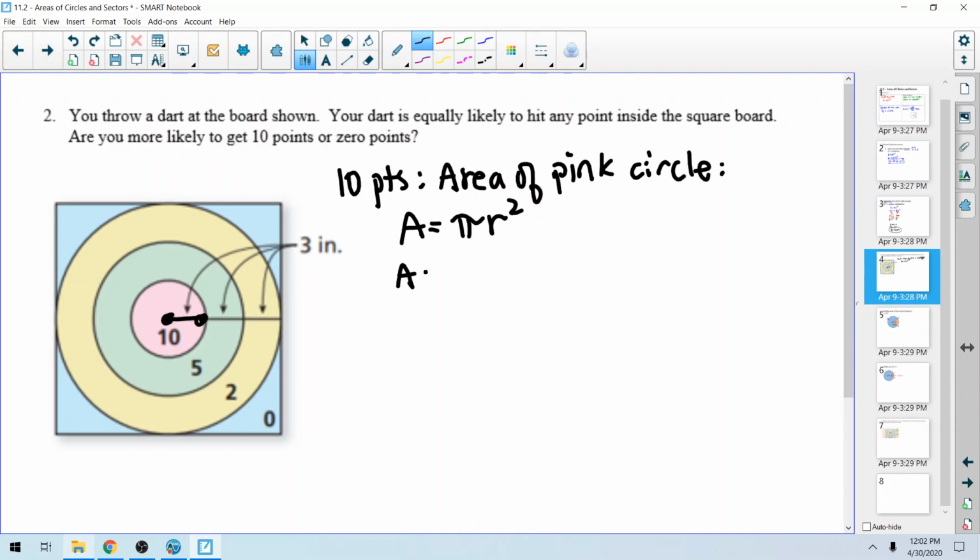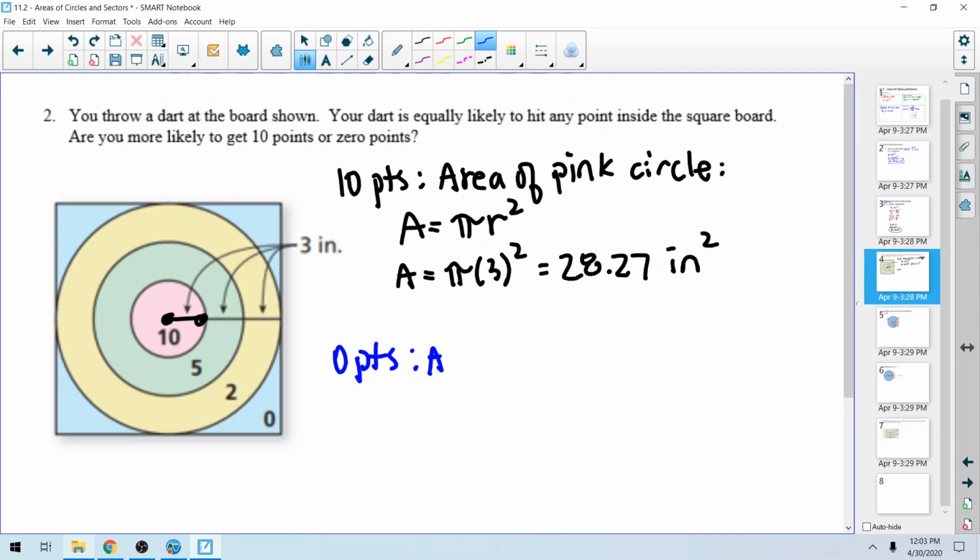So the area equals pi times 3 squared, which is going to be 9 times pi, which is 28.27 inches squared.